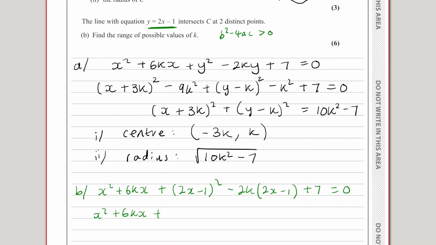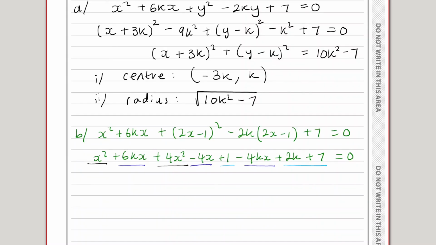So 2x minus 1 times 2x minus 1 is 4x squared minus 4x plus 1, minus 4kx plus 2k plus 7 equals 0. So we have x squared terms, we have x terms, and we have our numbers by themselves. So collect the like terms.